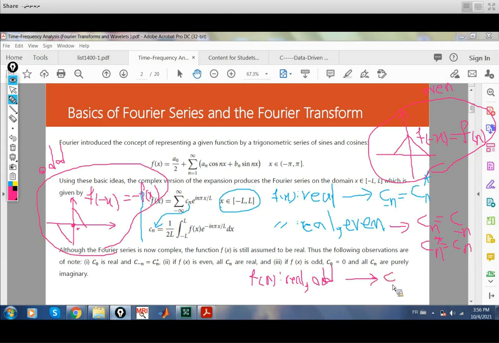The Cn is completely imaginary, purely imaginary, and also odd. It means like this. Okay?